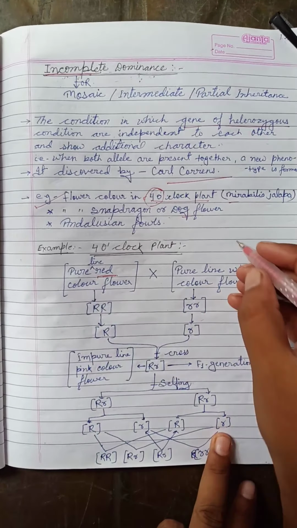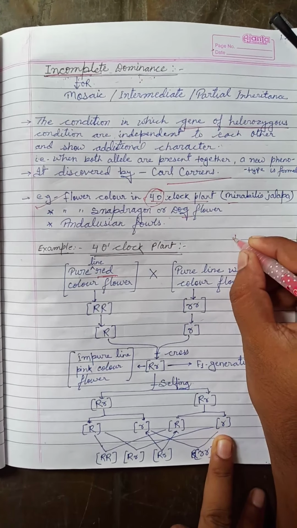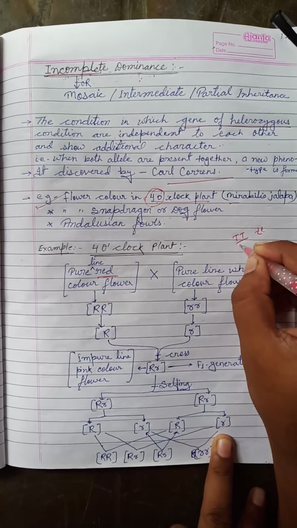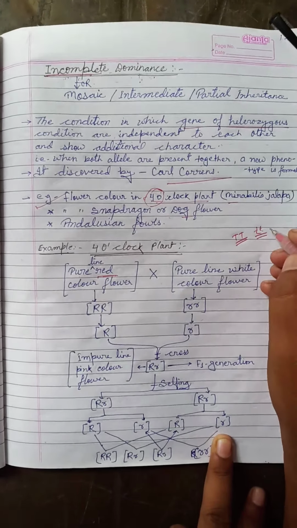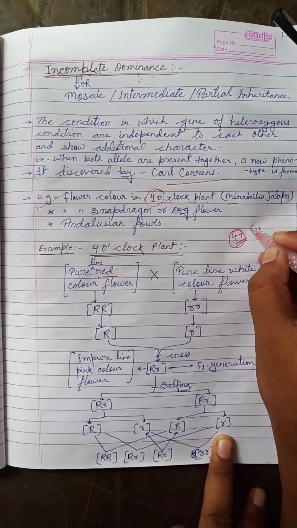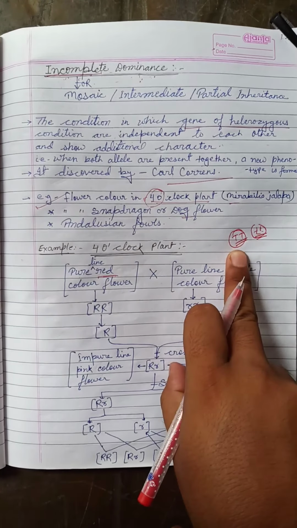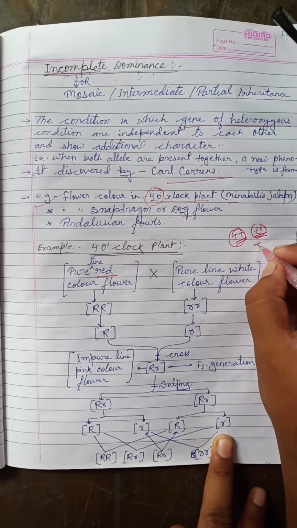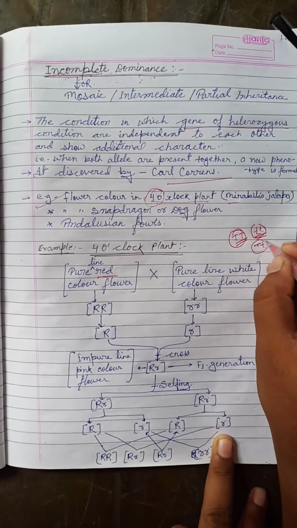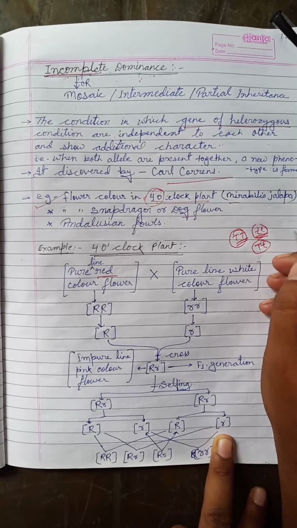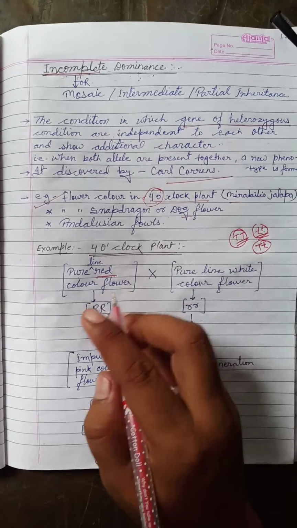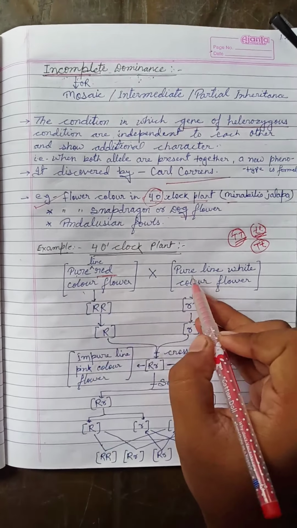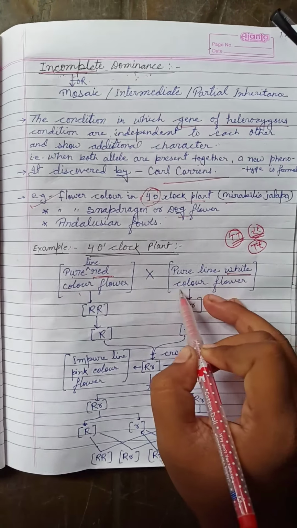As I told you earlier, a pure line is either homozygous dominant or homozygous recessive. We are crossing the pure line red flower with the pure line white flower.